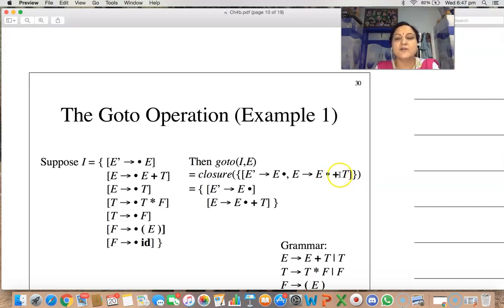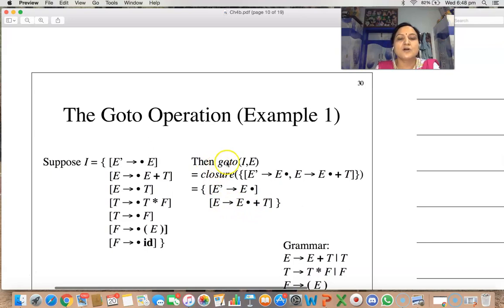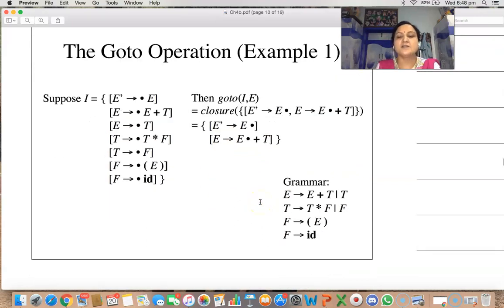If this would have been a non-terminal, we would have to add its productions as well while computing the closure. So the closure of goto(I, E) is nothing but E' → E· and E → E· + T. This is how we compute goto(I, E).